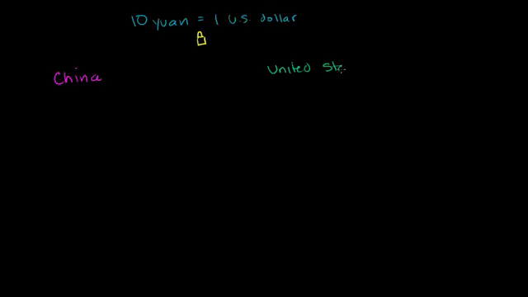And let's say at this exchange rate, you have goods coming from China to the US. Actually, let me do it in that same magenta color. So these are Chinese goods. And then we are paying for those Chinese goods in dollars, and those dollars are being sent to China.